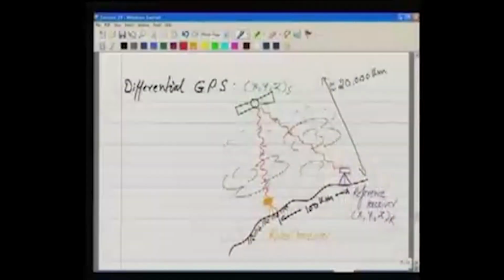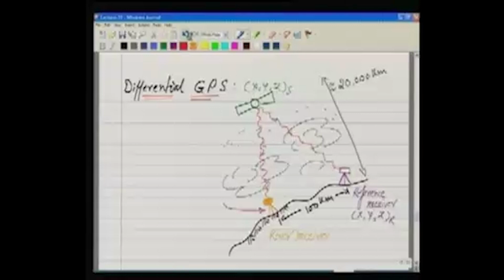In the DGPS, our aim, as we can see in this diagram, is to determine an accurate position over here. I will highlight this. We want to determine an accurate position here, and we are making use of the satellites.